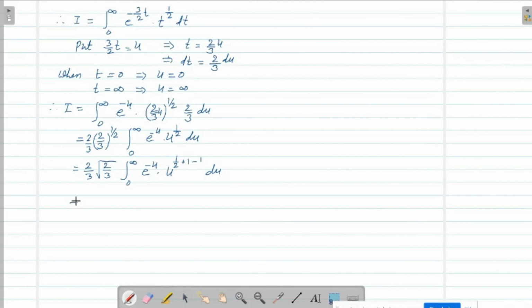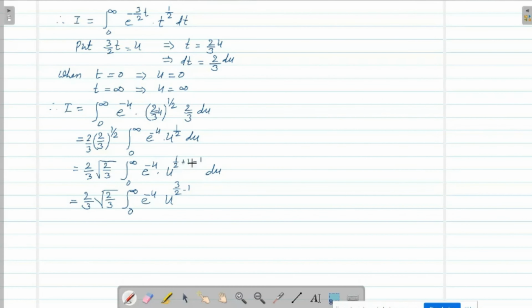Okay. So this gives 2 by 3 square root of 2 by 3, integration limit 0 to infinity e raised to minus u and u raised to 3 by 2 minus 1, not 2.